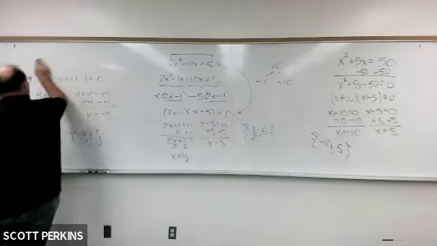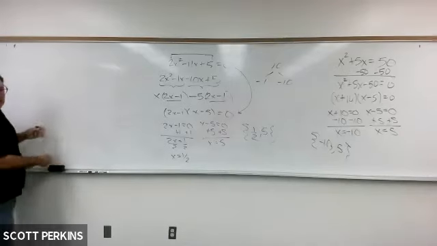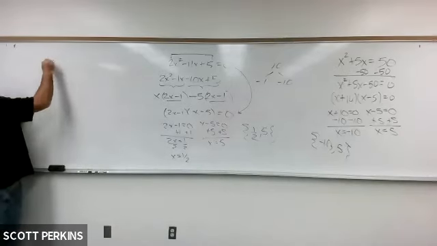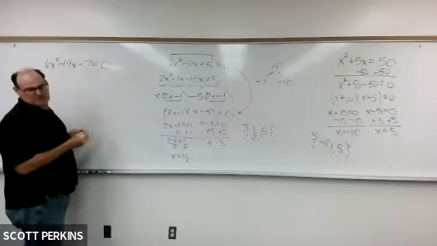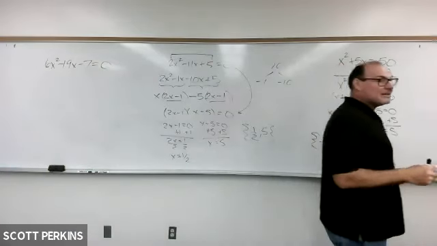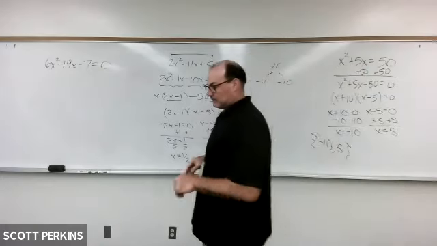Next. All right, I promised another one. Here it is. I know you've been excited and anticipating this. So work this problem, 6x squared minus 19x minus 7 equals 0. That does factor. Grab your calculator if you need to.